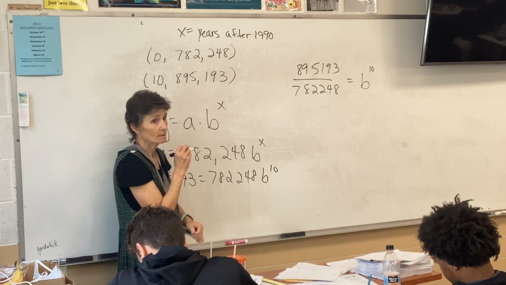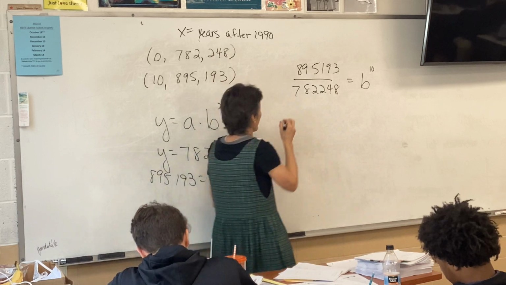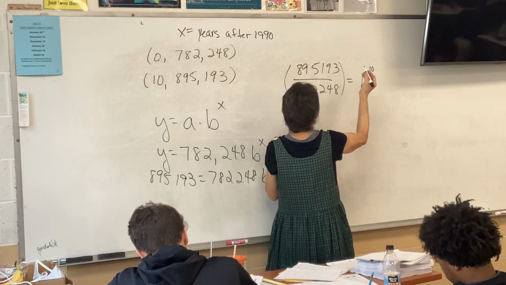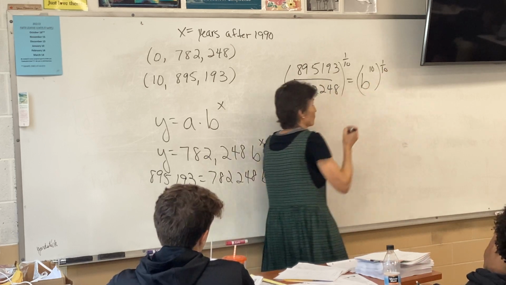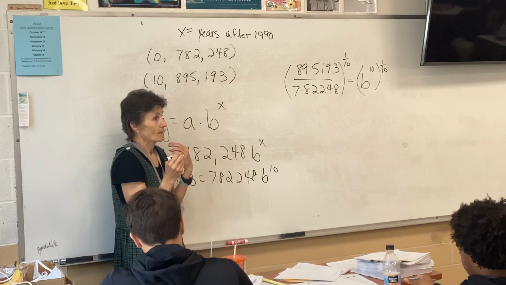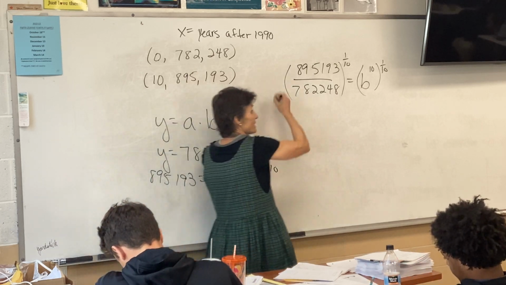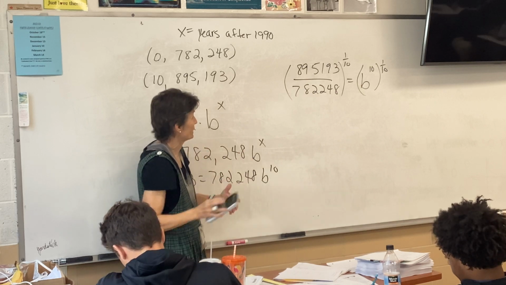Okay, then what? 10th root. Either 10th root it, or I prefer personally, it doesn't matter, your calculator will do anything, I prefer to raise it to the 1/10 power. But that's the same as 10th rooting, right guys? And you can do either one on your calculator.